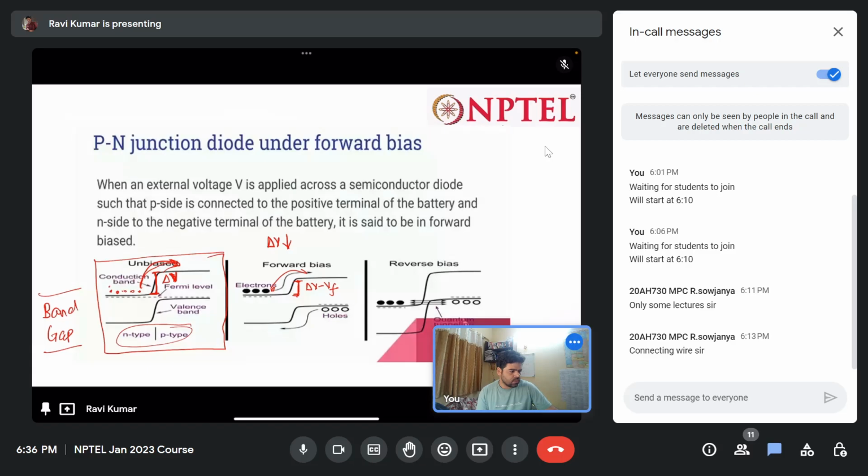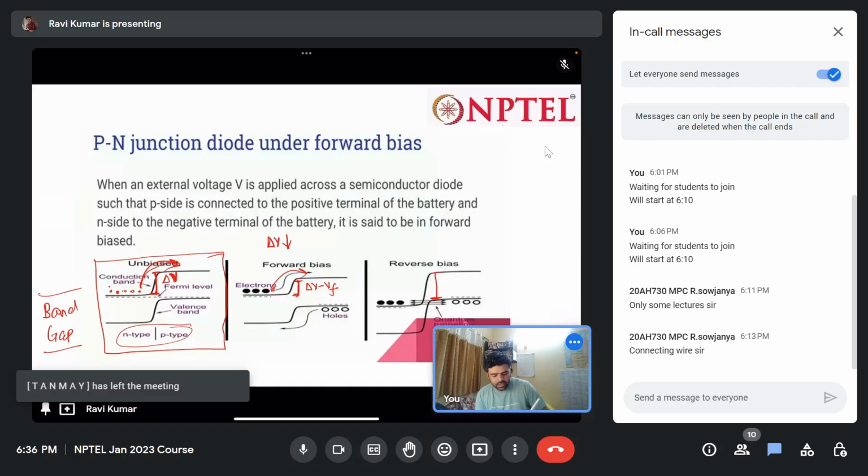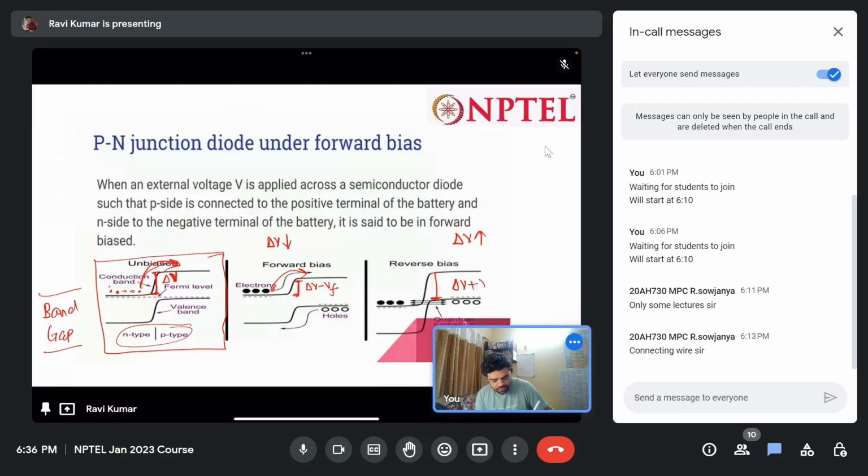But in case of a reverse bias, this barrier increases. Now the delta V barrier is increased: delta V plus VR, the reverse bias voltage. So this is the physical understanding on which we can say in forward bias conduction is taking place, but in reverse bias conduction is not allowed.